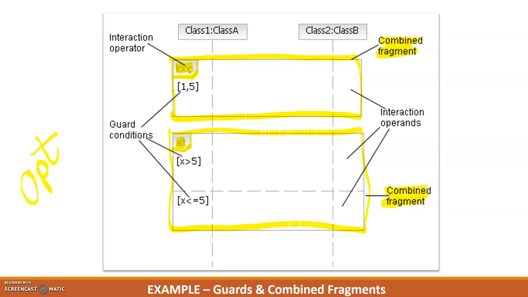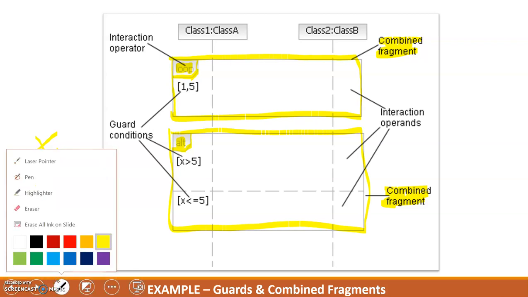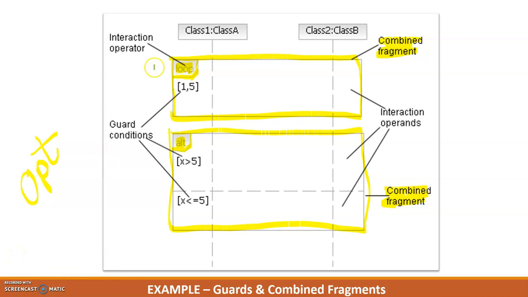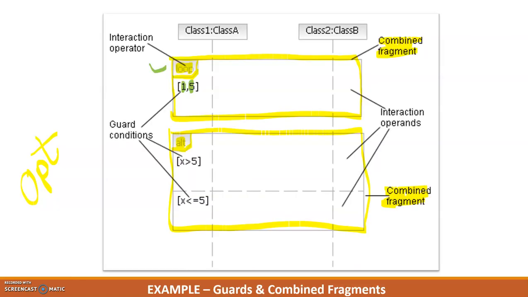Then we know that if we talk about the loop, we need some starting point. So I am going to start this loop with the value 1 and the termination is 5. So this is the initialization and termination, but I cannot write it directly. So I use a guard.